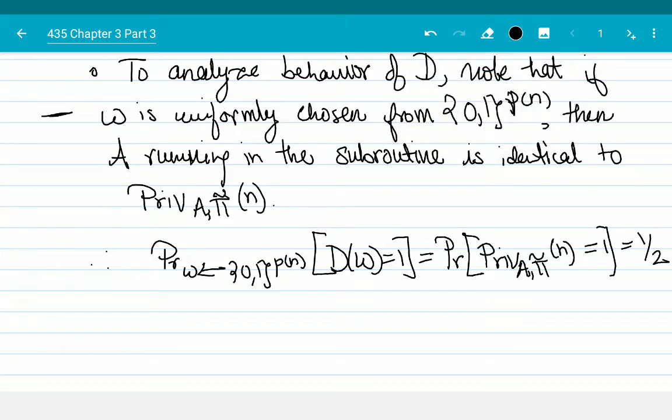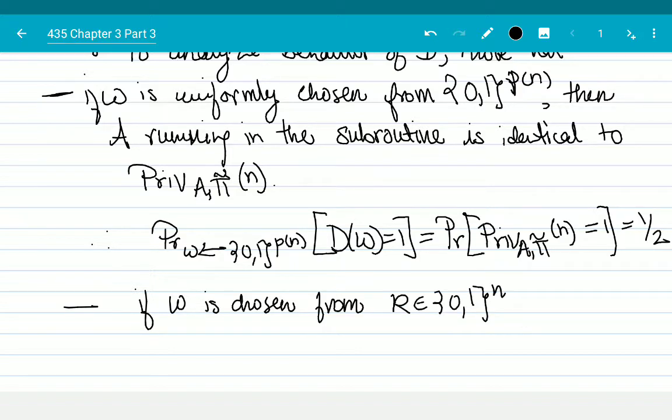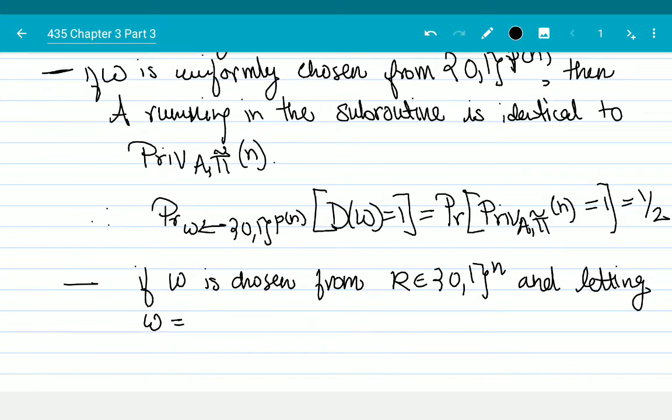So on the other hand, if we run, if W is chosen from uniform key k belonging to 0, 1 to the n, and letting W is equal to G of k, right?